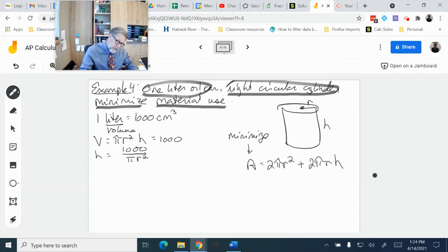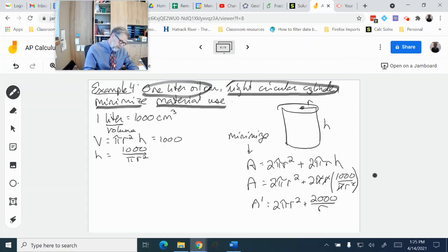Going back to my area equation, I can now rewrite this in terms of a single variable. 2 pi r times 1,000 over pi r squared. Little simplification, the pi's go away, one of the r's goes away, and I'm left with 2 pi r squared plus 2,000 over r.